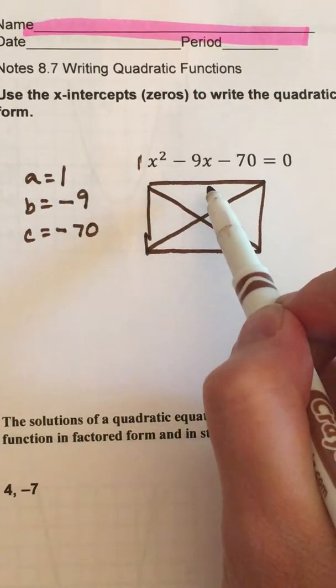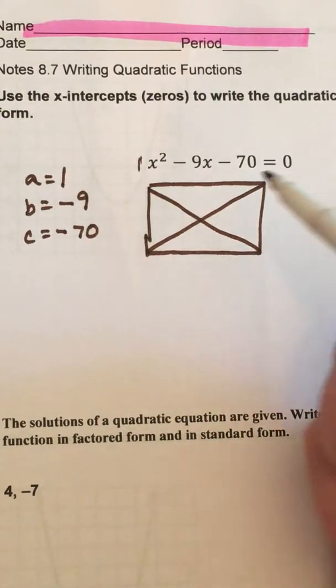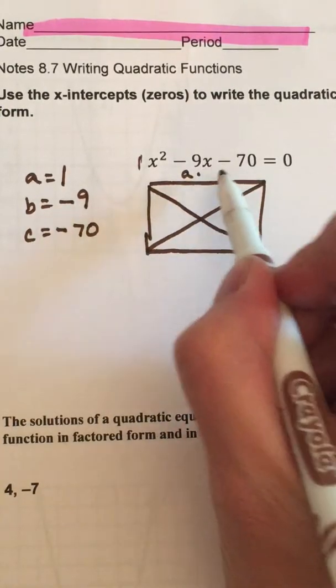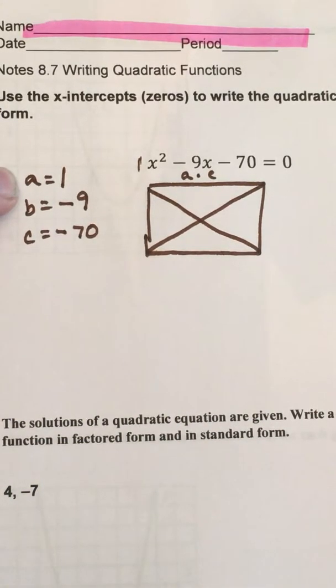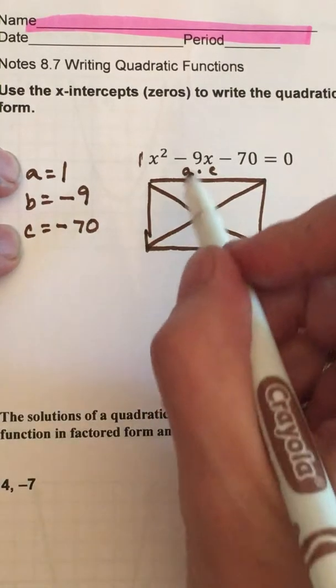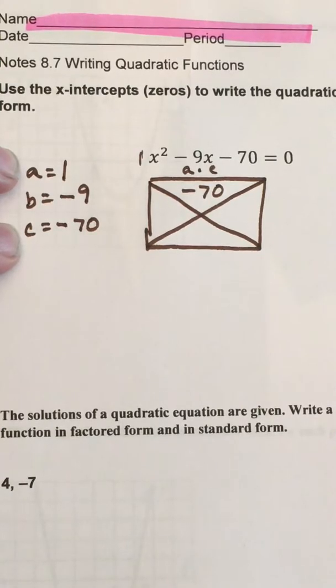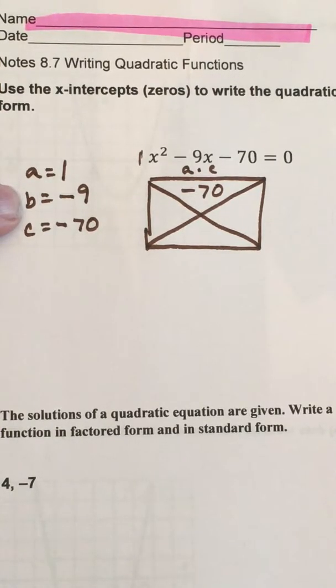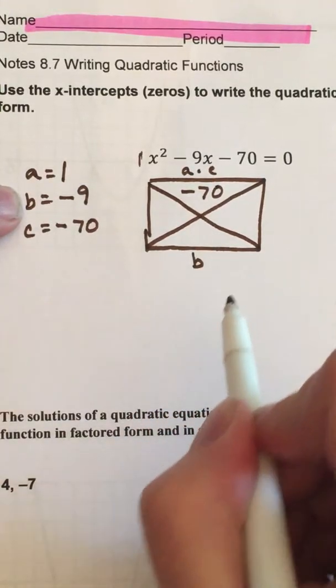In the top triangle, we're always going to put the product of a times c. Our a is 1, and our c is -70, so 1 times -70 is -70. And in the bottom triangle is always just your simple value of b.